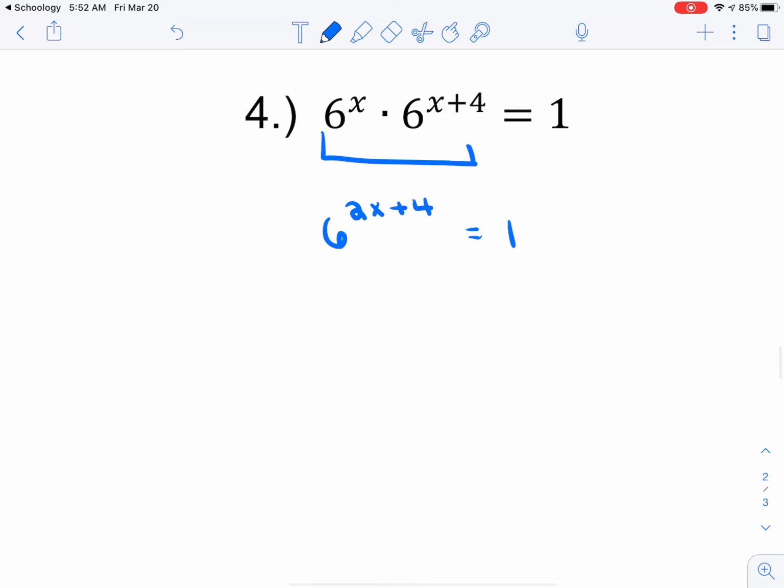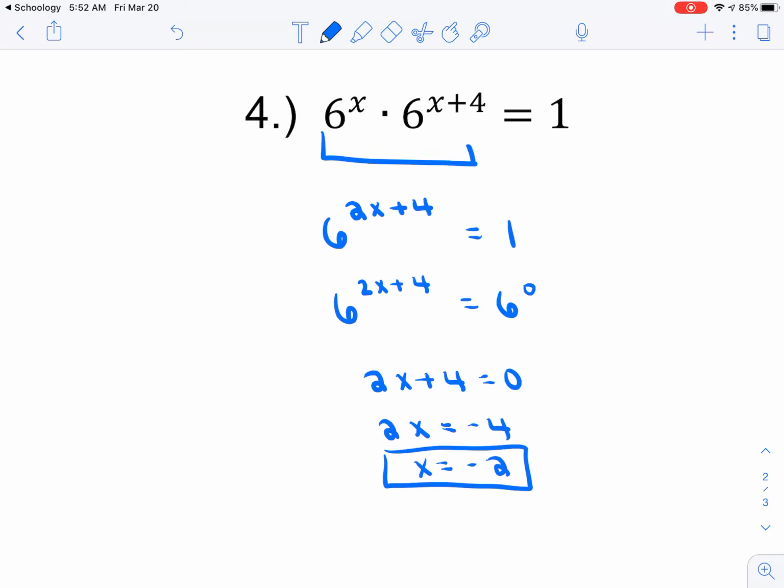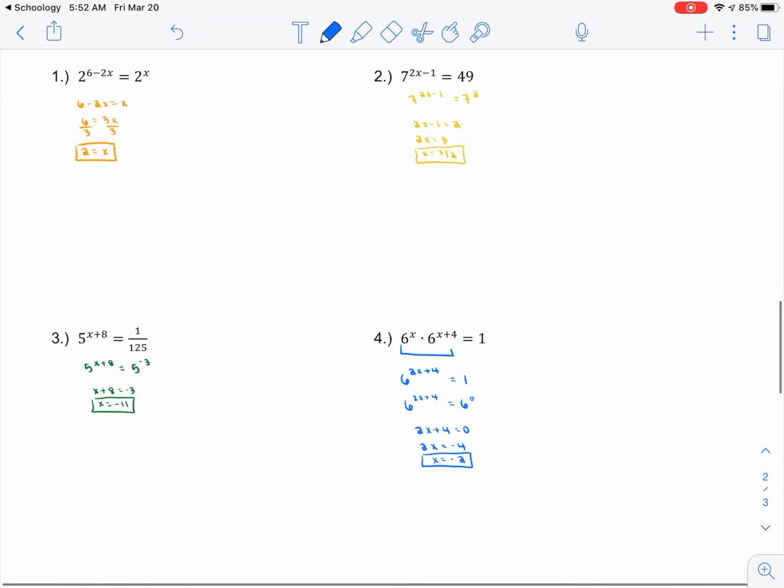Then I don't have the same base, but I do know that if I take that 1 and rewrite it as 6 to the 0 power, I could then solve for x. So there you go. Let me know if you have any questions.